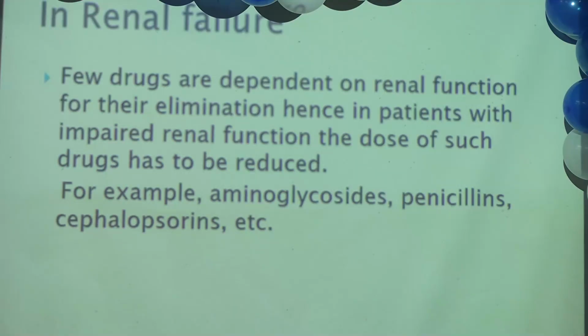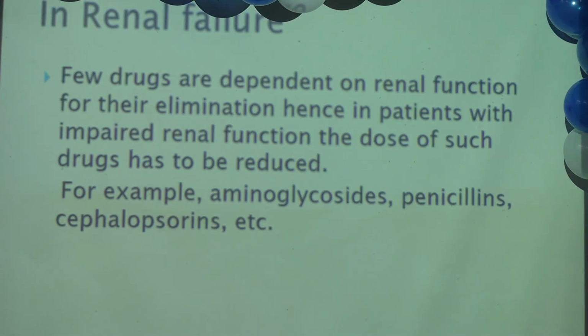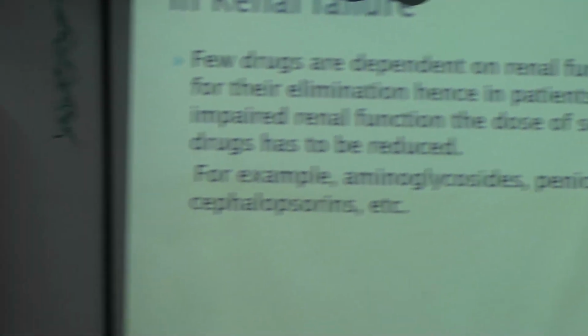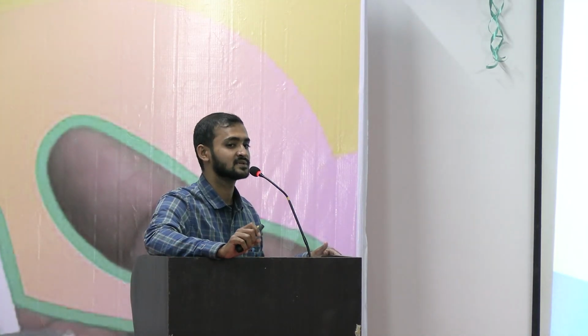In renal failure or renal dysfunction, suppose you are giving a certain group of drug and it is not eliminated from the kidneys. What do you think will happen? If the patient has renal dysfunction, toxicity will occur and it will start damaging other organs, isn't it?